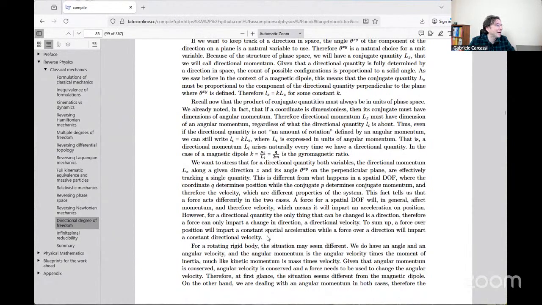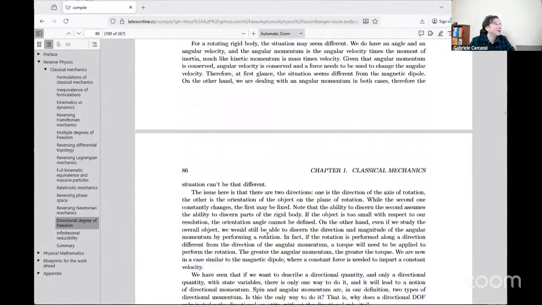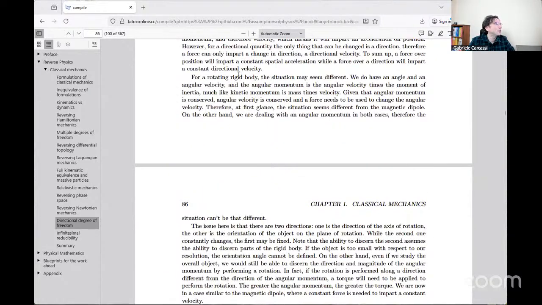So once you've established that, whenever I have a direction, I can always express it into angles and angular momentum. Now the question becomes, why is it that I have this constant direction when I'm applying no forces, and when I have a force, I have a constant velocity in that direction? And here we go and look at what happens with a rigid body, because in that case, the angular momentum itself is a direction, but it's expressing a rotation, right?